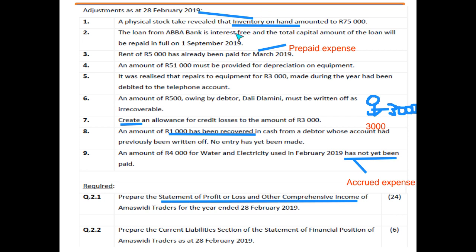This loan does not have interest. Because it's interest free, you can't calculate that interest. But if it was not interest free, this interest would be an expense, but it would not be put under other expenses. It will be put down there as interest expense, because interest expenses are not put with other expenses. Does that make sense? But there's no interest there because it's interest free.